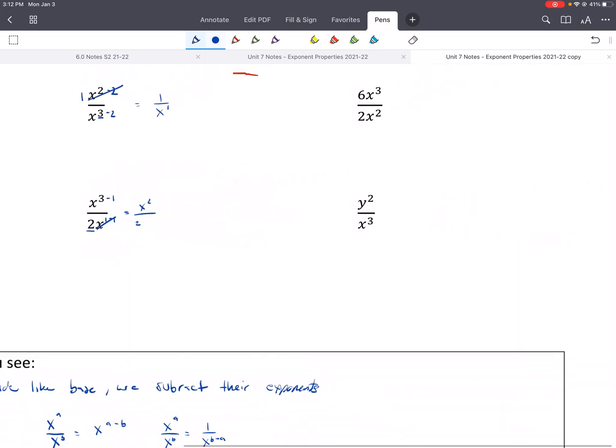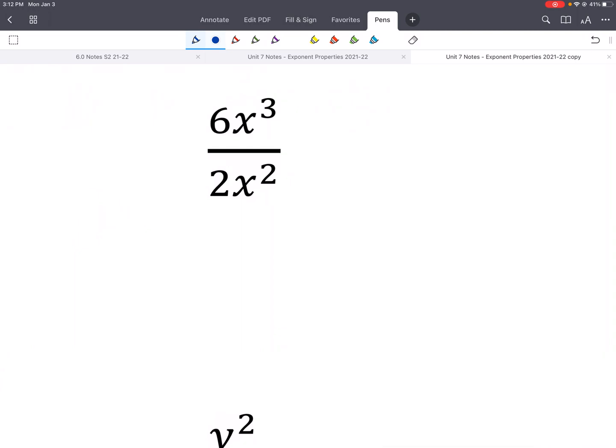All right, here are some other examples. 3 is the larger, so we'll do 3 minus 2. That just cancels out. And then I guess maybe first we should talk about the coefficient. So 6 divided by 2 is 3. And then here we have x to the 1, or just x.